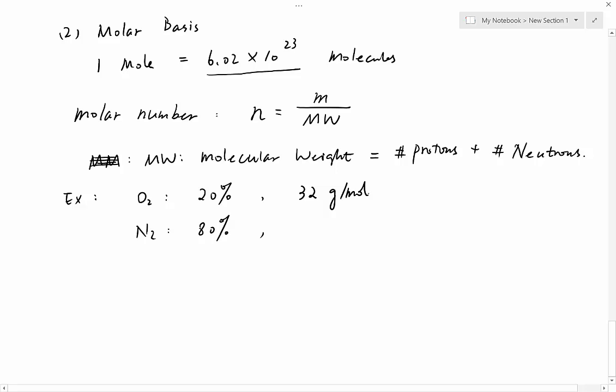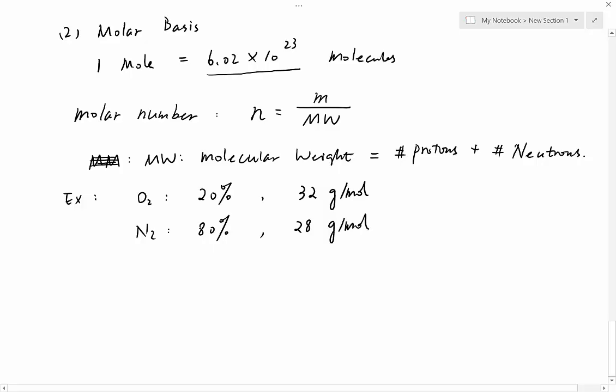You go to the periodic table and you look up nitrogen. It has 7 protons and 7 neutrons. In total, that's 14. And again, that is only the molecular weight for one N. For nitrogen, the gas, you have 2 N's. So you're going to do 14 multiplied by 2, which is 28. The unit again is gram per mole.